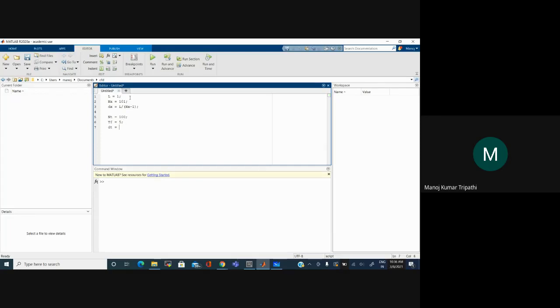And then we can have dt. If time steps start from 1, then this will be tf by nt. Then we have to take nt equal to 101.